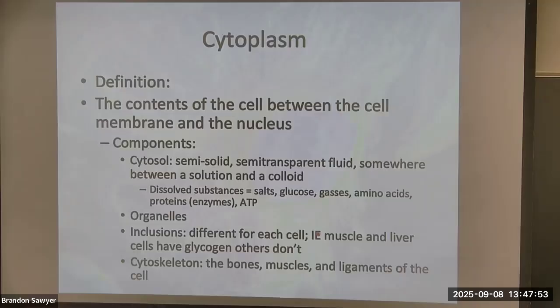It's really just in our muscle and our liver that we store a lot of it, so those would be unique things inside those cells. We wouldn't necessarily see that in other cells. And then the cytoskeleton, which we'll talk about next, is the internal structure of our cells. Questions on any of this so far?